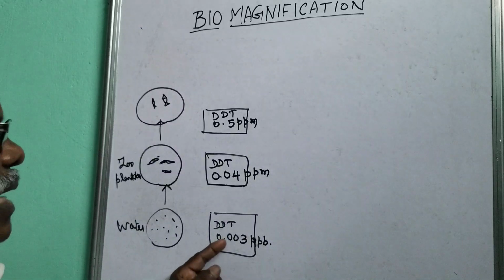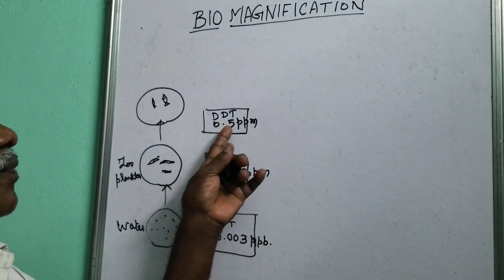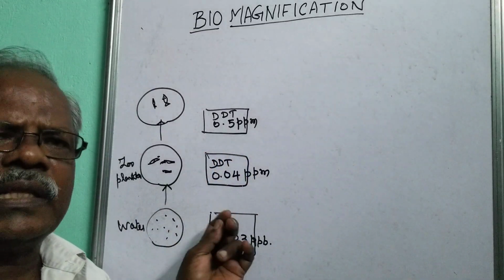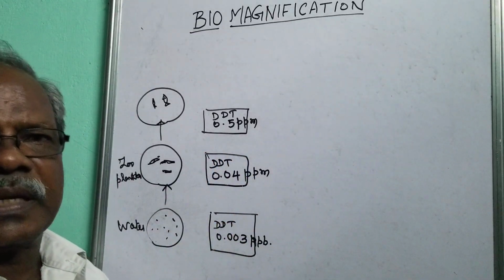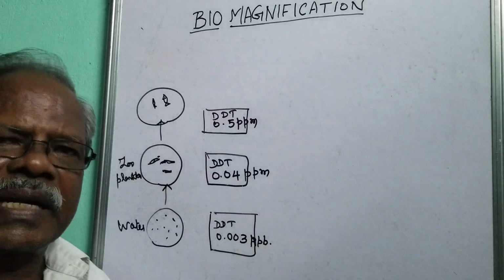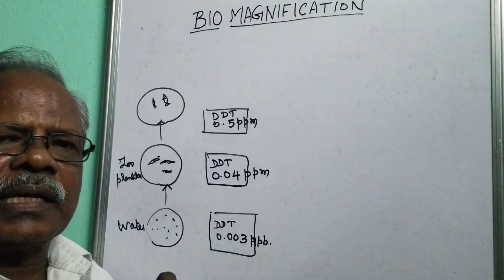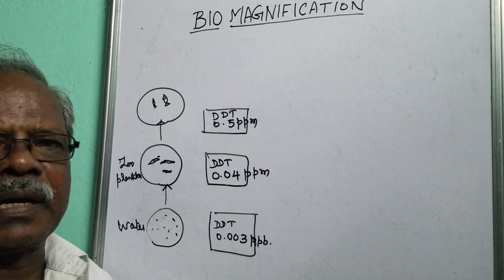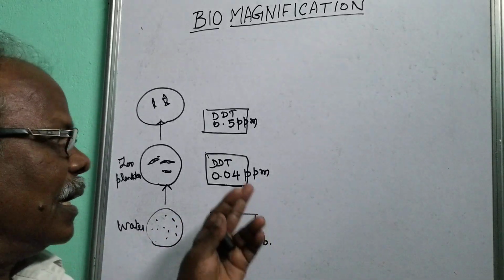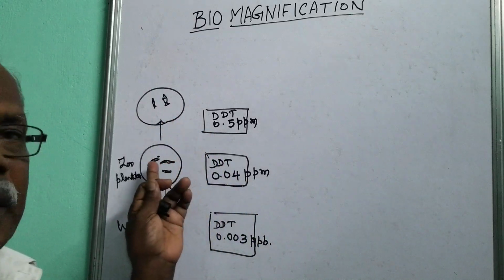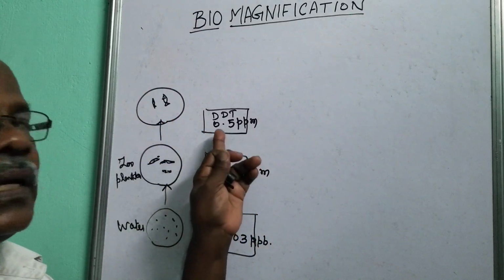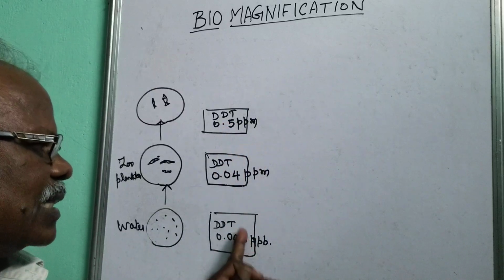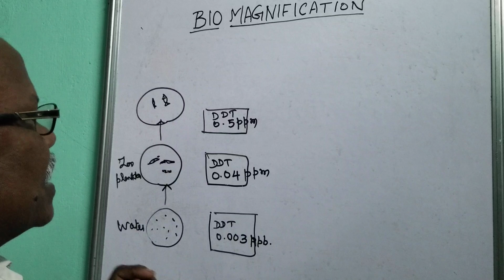So from 0.03 it has come to 0.5 ppm. So the concentration is more. Why is this concentration more? Because it is not metabolized and it is not getting excreted. So it is accumulated in the body of the small fishes or the zooplankton. That's why the concentration is more.